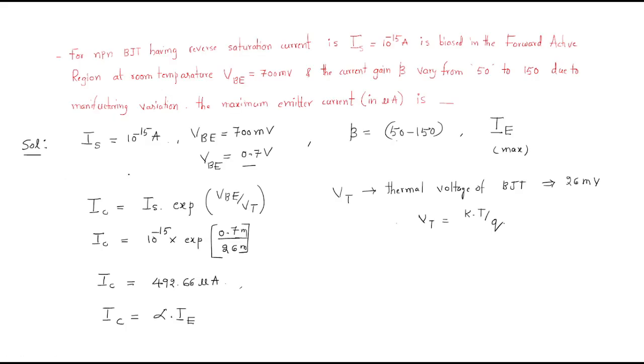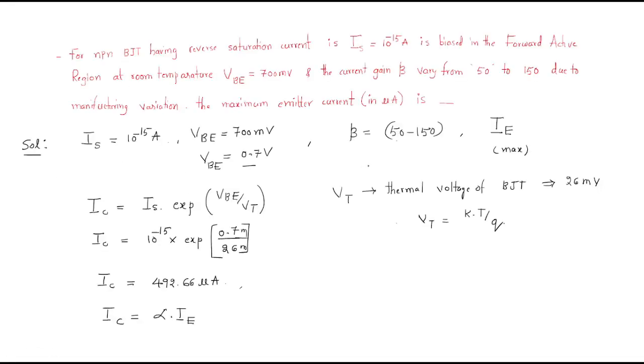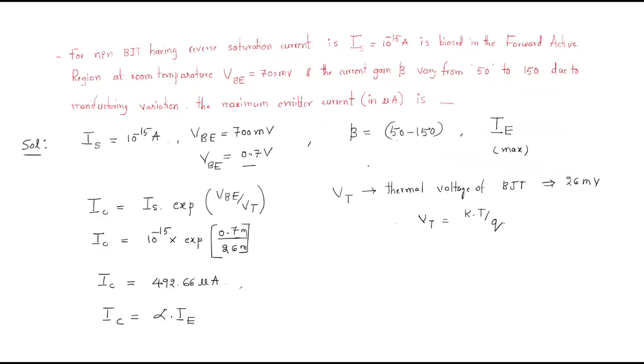What is the IC value? Here the IC value equals 492.66 microamperes. Substitute here.